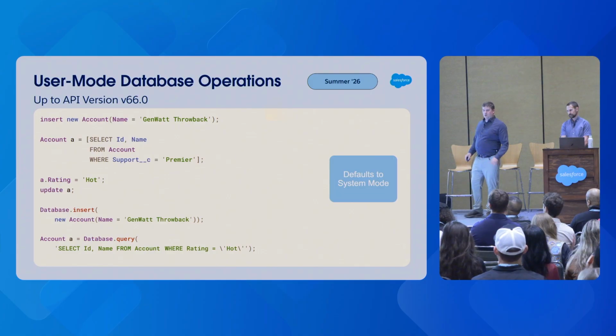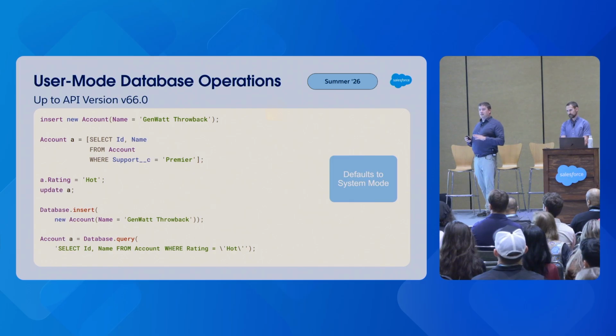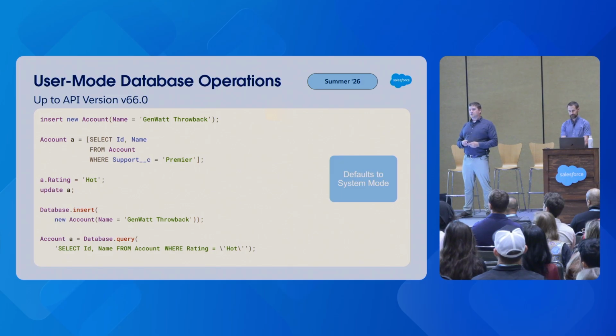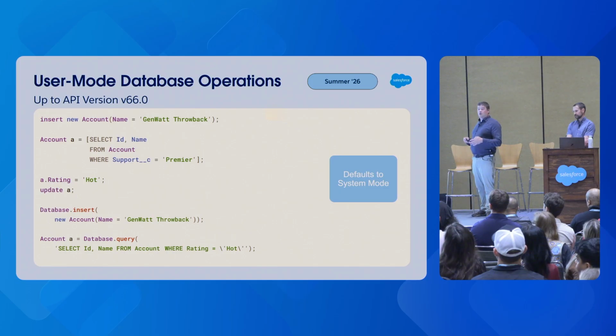Right. So the other third part of the secure by default change is DML and SOQL operations. So if you were to make one of these operations today, like this, in version 66 or lower of the API, and you were to omit a user mode declaration, these all essentially behave as if they were system mode, which is a lot of power for your code.